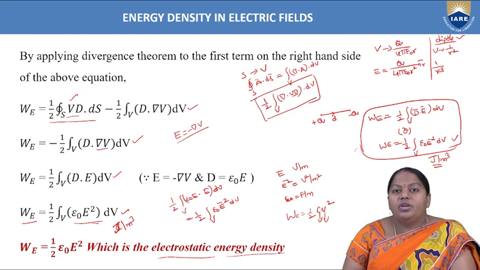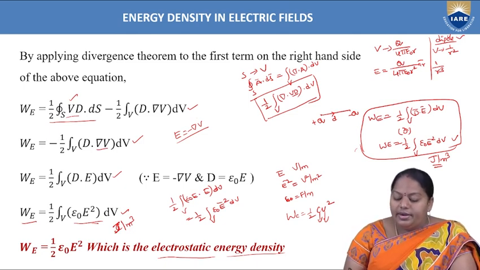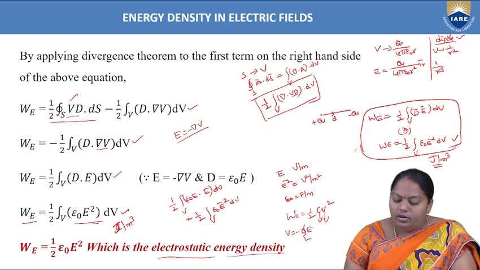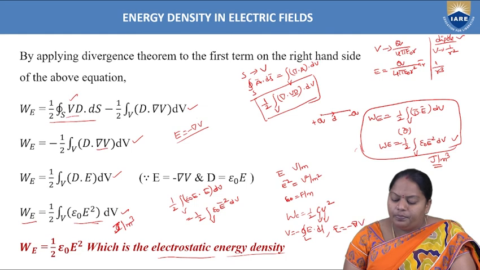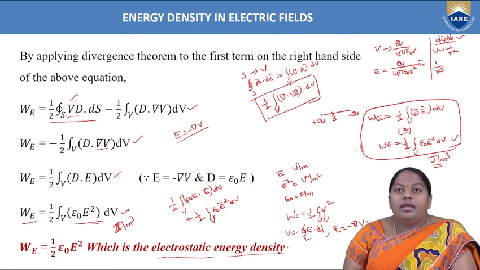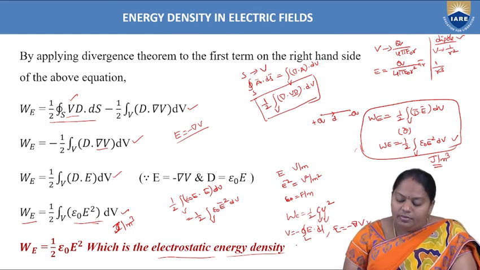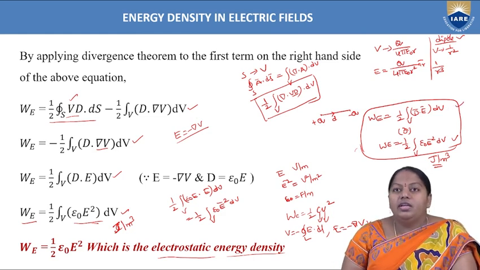One is the relationship between electric field intensity E and the electric potential V, and it is given in the integral form as V equal to minus integral E dot dl, and in the point form as E equal to minus del V. The next topic we have discussed is energy density in electrostatic fields, and from that we have got the relation WE equal to 1 by 2 integral V D dot E dV, or WE equal to 1 by 2 integral V epsilon naught E square dV.